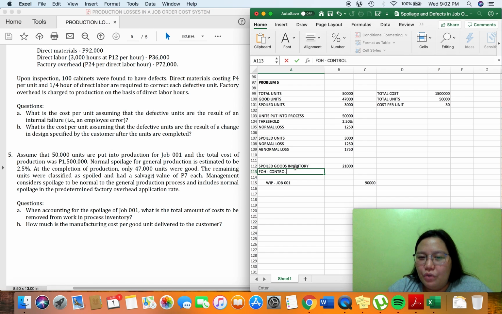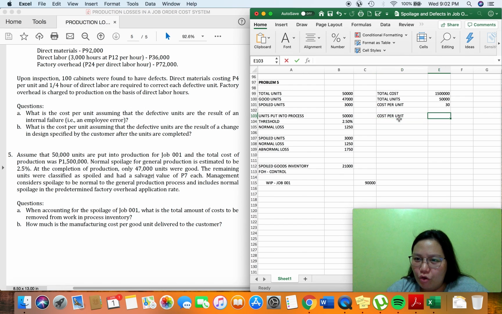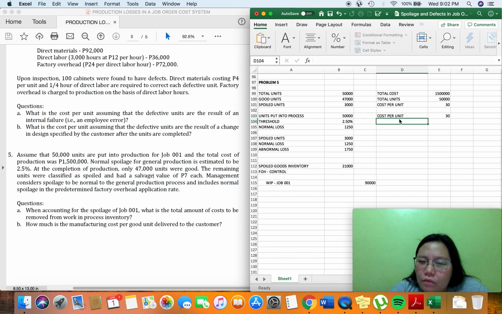So, we have factory overhead control. So, how do we compute for the cost, diba? Ang mangyayari ngayon dyan, we have to get the difference between the cost per unit, which is 30, and the salvage value or scrap value of the spoiled units, which is equal to 7. So, basically, the difference between the two is yung loss natin per unit.